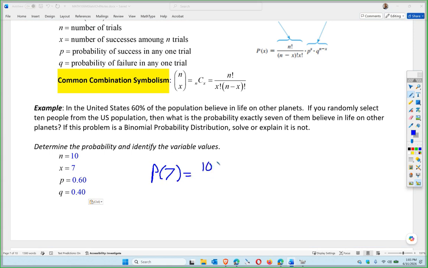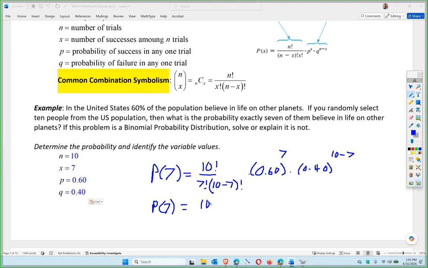So we have 10 factorial over 7 factorial, 10 minus 7 factorial, times 60% to the 7 times 40% to the 10 minus 7. Okay? So you notice when you simplify this down, this is the probability of 7.